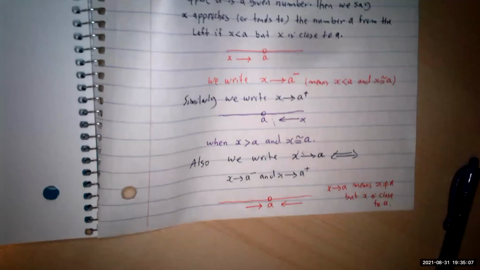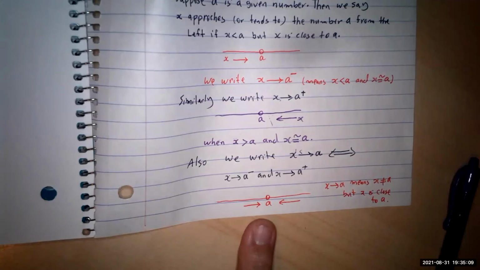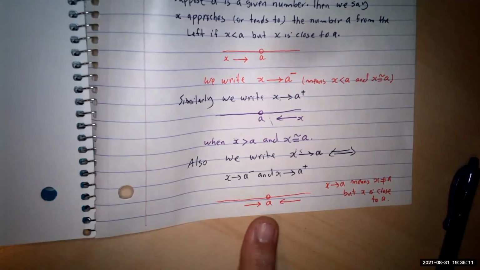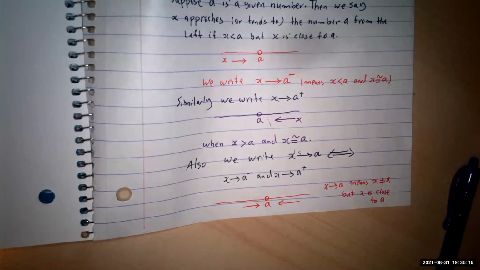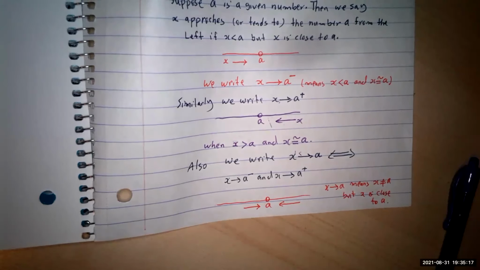Near a number A means your function is not required to be defined exactly at A because you don't care about the A, but it must be defined around the A. Around the A means this one. Look at this one. This is around the A. You don't care about the A, anything to the right or anything to the left. Okay, so this is what around means.